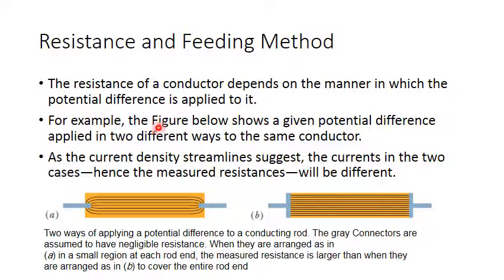For example, the figure below shows a given potential difference applied in different ways to the same conductor. As the current density streamlines suggest, the current in the two cases, and hence the resistance, will be different, even though the two samples are of the same material and the same dimensions, because the orientation of applying the electric potential is different.